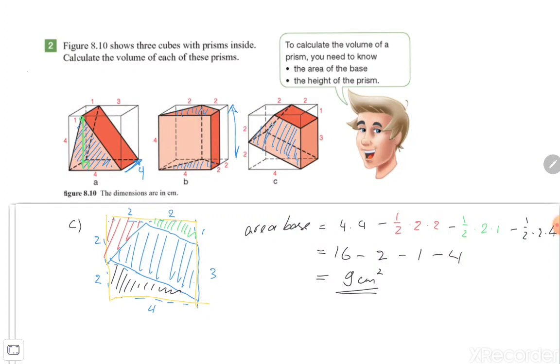That's the area of the base, and to calculate the volume we need the area of the base, that's 9, times the matching height of my prism. If the base is in front of you, then this is the height. So that's 4 centimeters. So times 4, that's 36 cubic centimeters. And those are the answers from exercise 2.